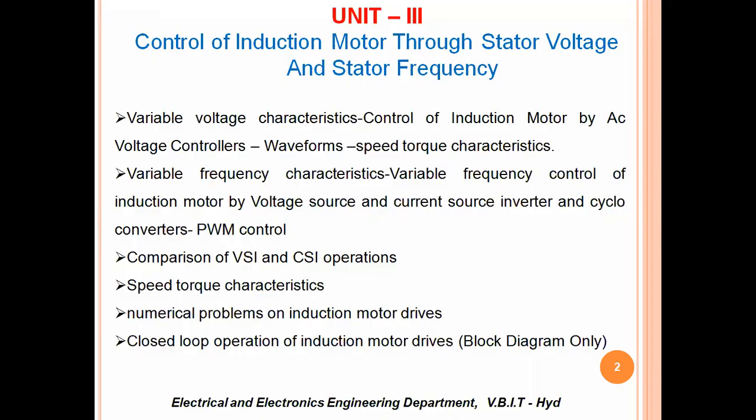Frequency can be controlled using different methods. We know the inverter concept. We have seen different types of inverters in the power electronics subject. So using the inverter, we can control the frequency. And similarly, using the cycloconverter also, we can control the frequency.